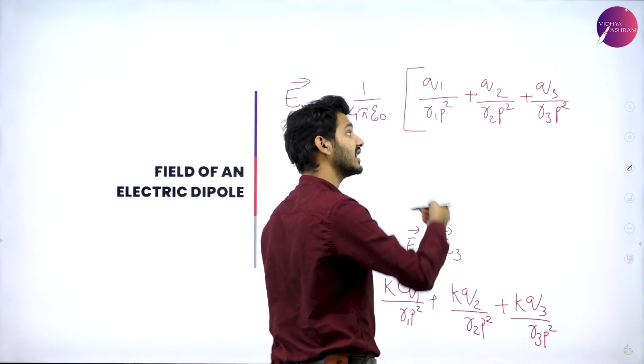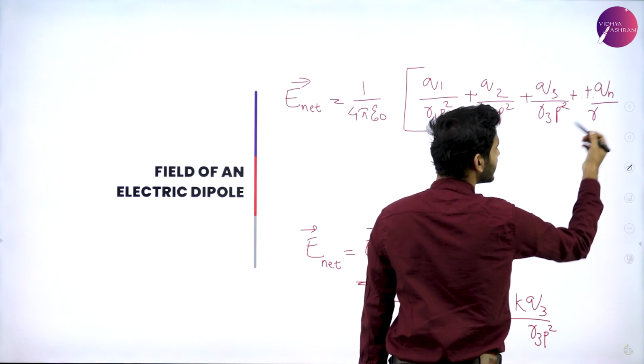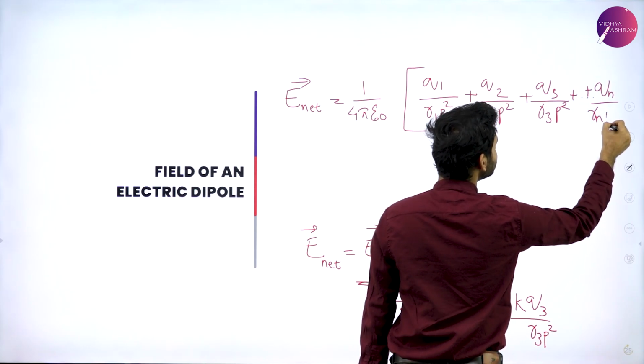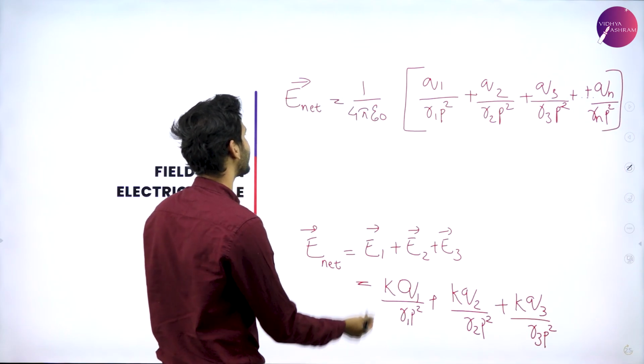And similarly, if there are n number of charges, we'll continue that up to Qn divided by RnP square if we are talking about a general case.